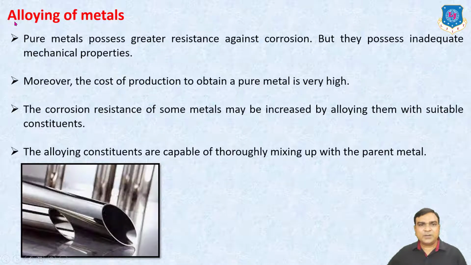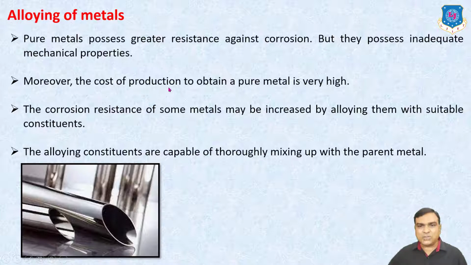Now one protective method is alloying of metals. Pure metals possess greater resistance against corrosion, but they possess inadequate mechanical properties. So to achieve the required mechanical properties, we have to mix the pure metal with some other metal, and that is known as alloy material.